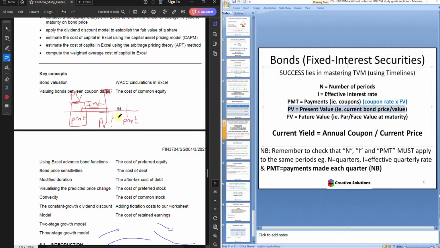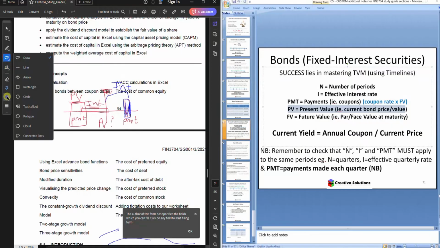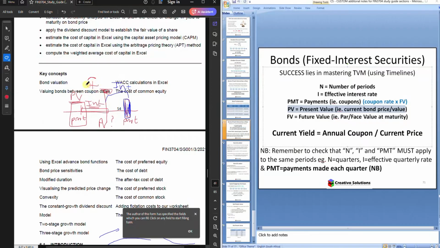If you take it forward, if that's where the price is, then I need to take out the interest. So you can either add the interest, include it, or subtract it, take it out, depending on where you are, to get to the price that you want at that point in time.